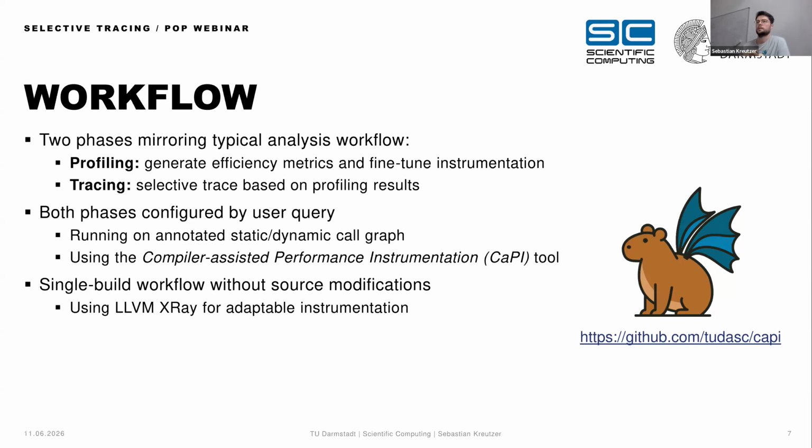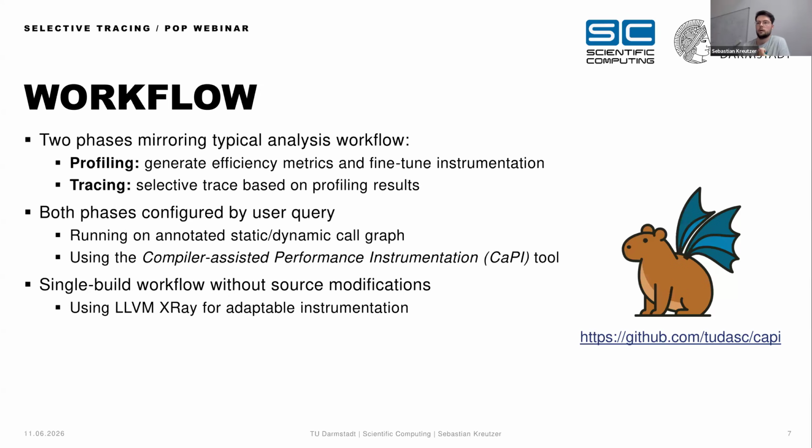Right. As mentioned, we use a two-phase workflow that mirrors how a typical performance analysis often goes, starting from a profiling run and then going to a trace once you have a sensible instrumentation. First we have this profiling stage where we generate the efficiency metrics and also fine-tune the instrumentation.